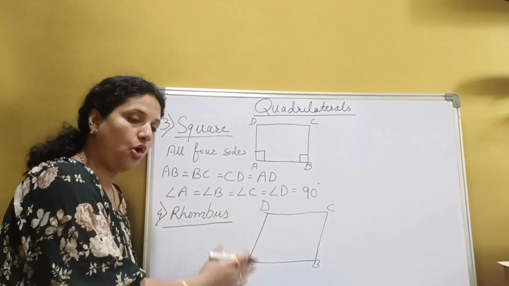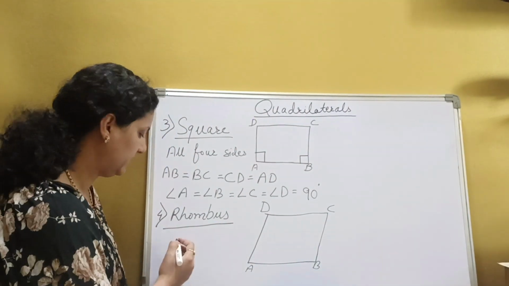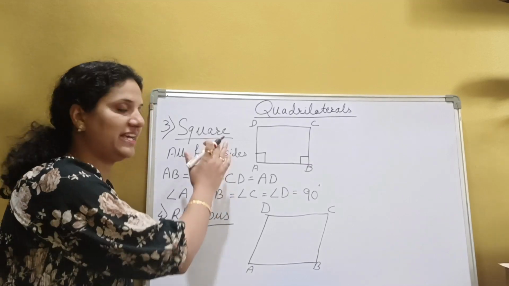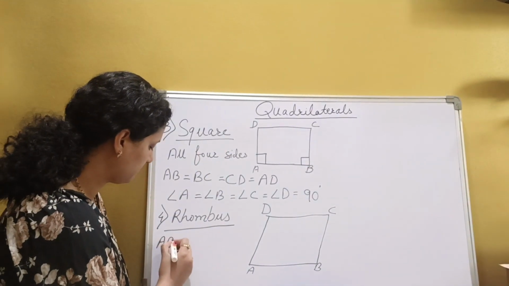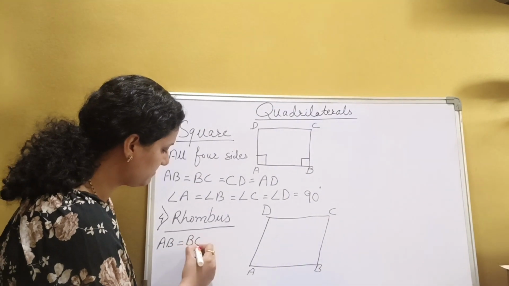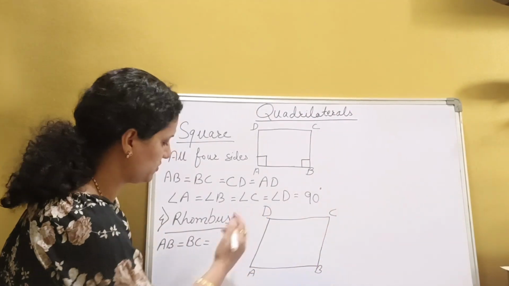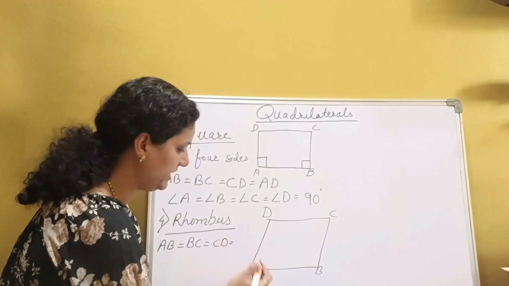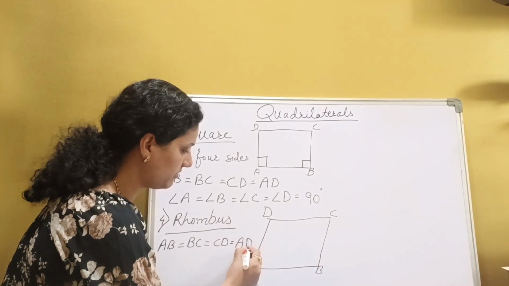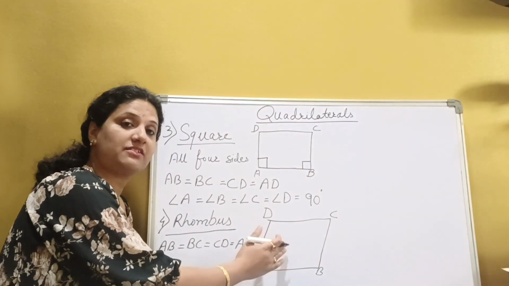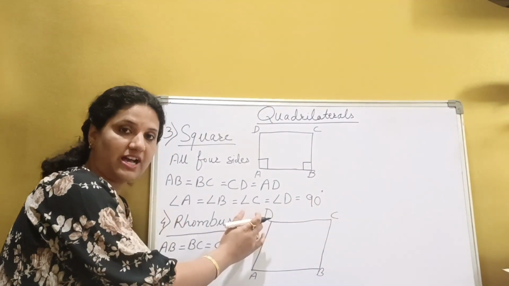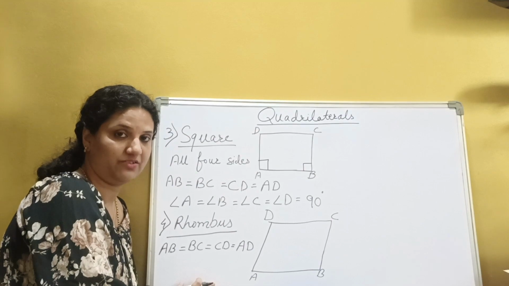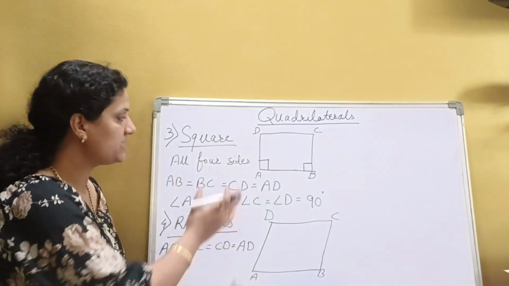In rhombus, all the four sides are equal. In this also, the same property as square, all the sides should be equal. Like AB equals BC, equals CD, and equals AD. But in this figure, in rhombus, these angles are not making 90 degrees. This is the difference between the rhombus and the square.